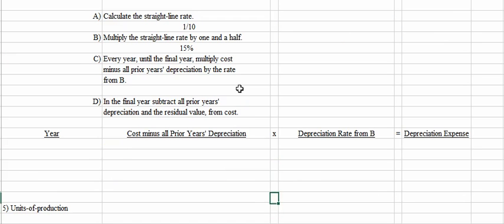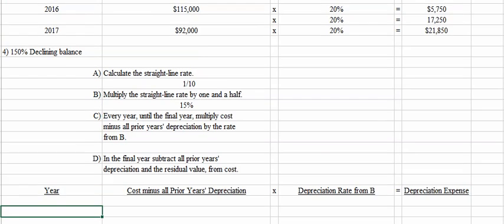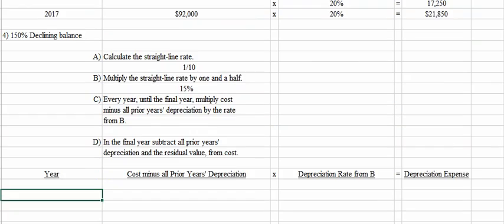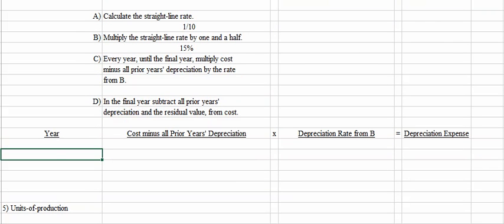You might want to try this one before you see it on the video here. It's worked out the same way, except up above, everywhere we had 20%, here you're just going to have 15%. Otherwise, it's the same. So if you want to pause it and try it, you certainly could.